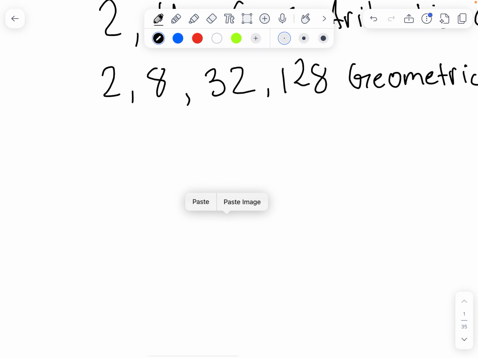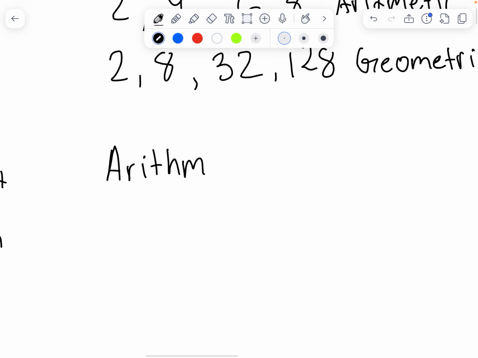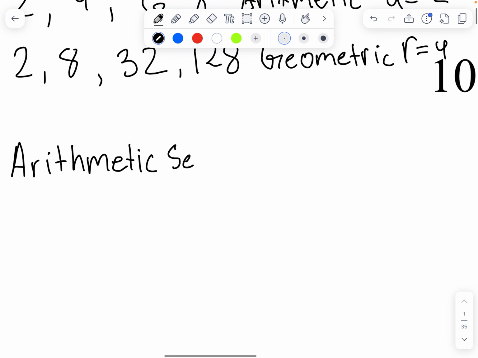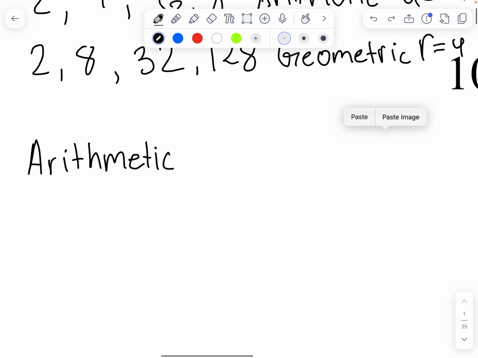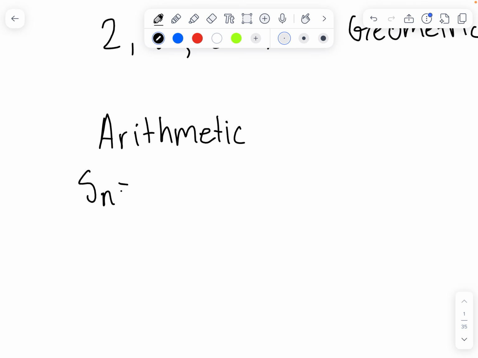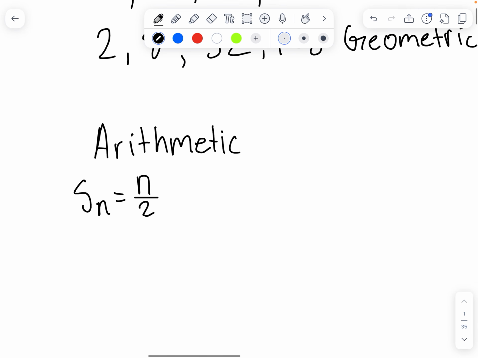So, for arithmetic sequences, the sum is n over 2 times the first term, which is a1, plus the last term, which is an.